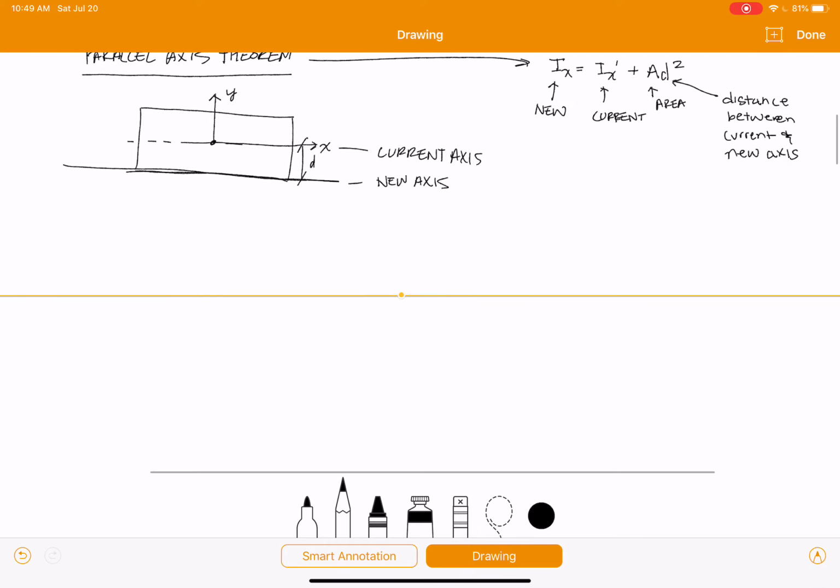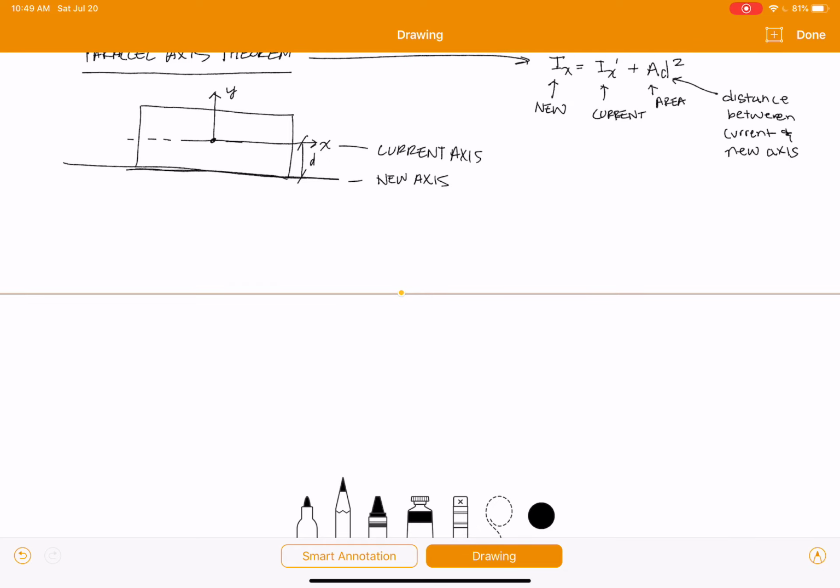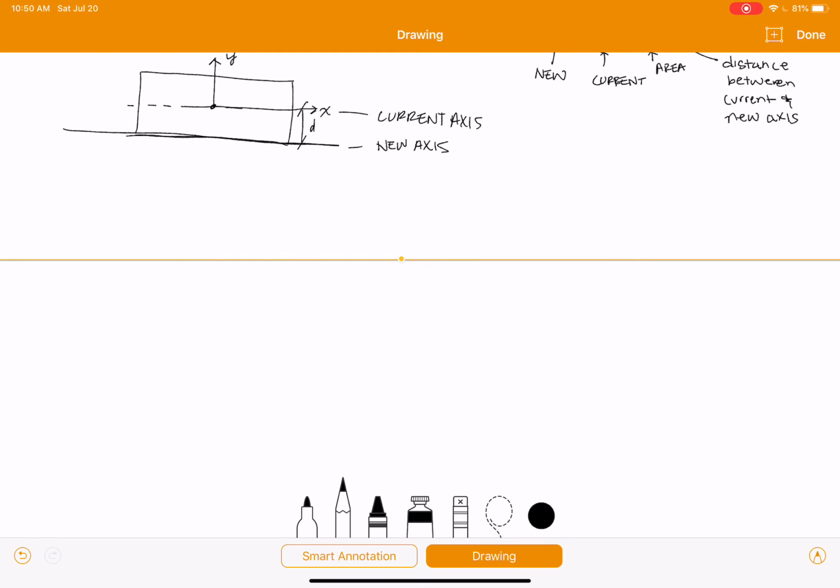So if we just run through an example of the parallel axis theorem really fast, just so you can see that in action, let's take this rectangle. Let's say it has a height of 2, width of 6.